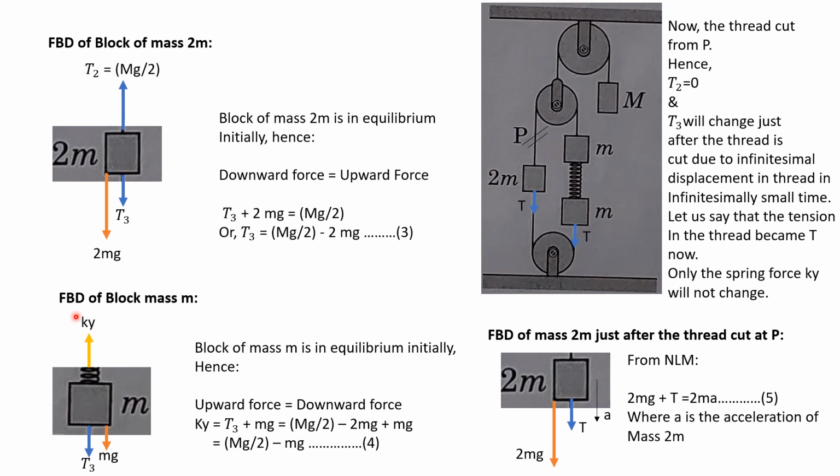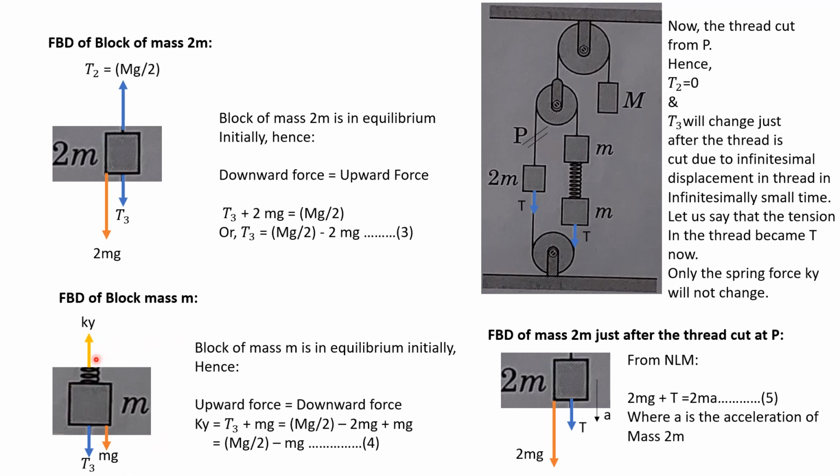Now we go for free body diagram of block mass m when it was in equilibrium, this mass. Which all forces are acting on it is Ky, the spring force on the top of it, right? This is connected at the bottom with the thread 3. So T3 will act here in the downward direction. And this is the weight which is acting downward, small m into g. Okay.